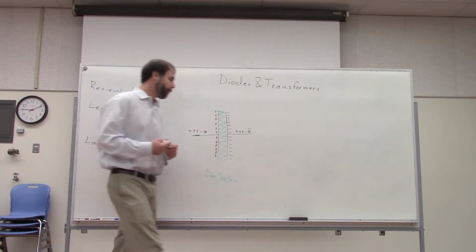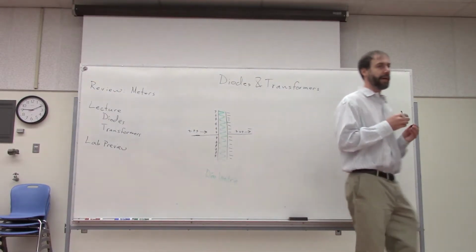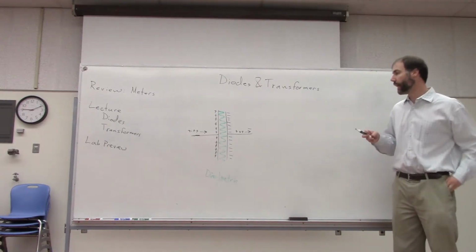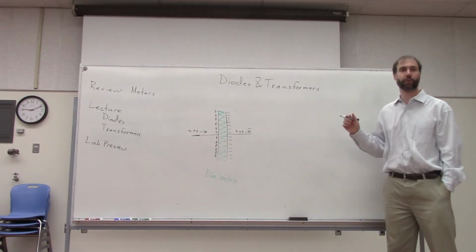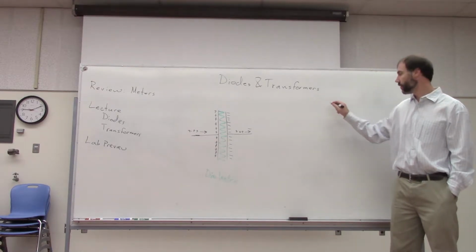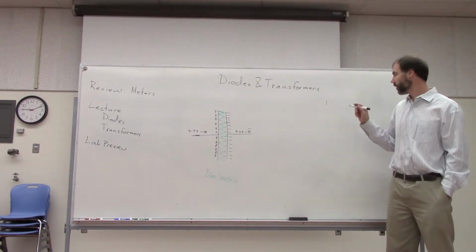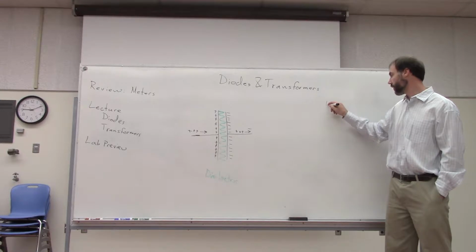So there were three main factors that influenced how much capacitance we had in a capacitor, right? Anybody remember one of those factors? Yeah. Distance between the plates. Yeah, distance, exactly.